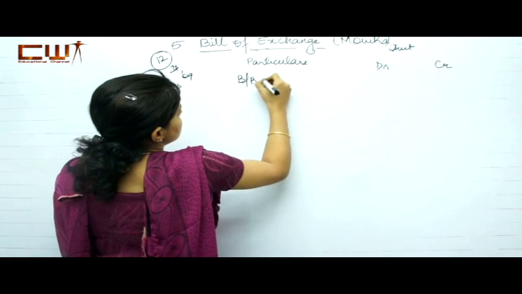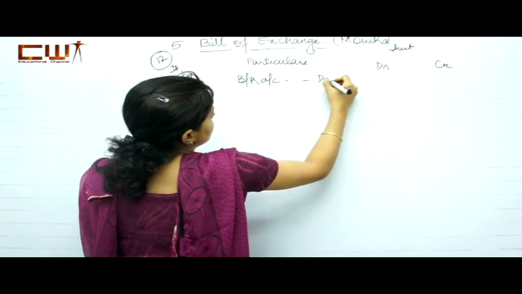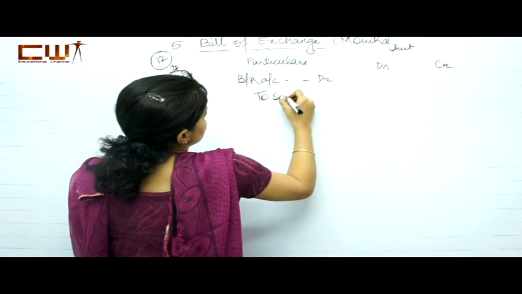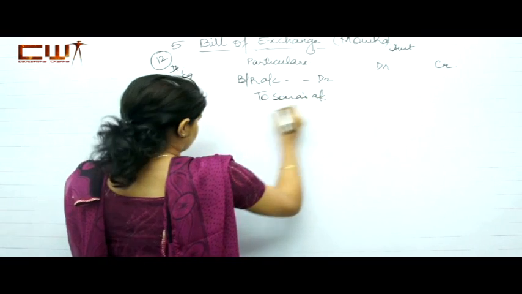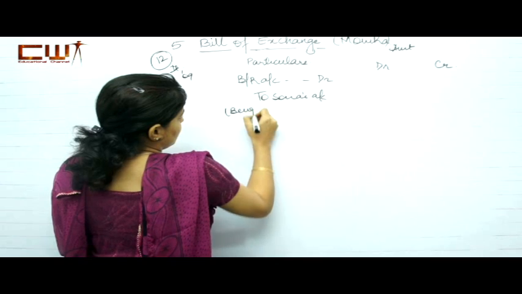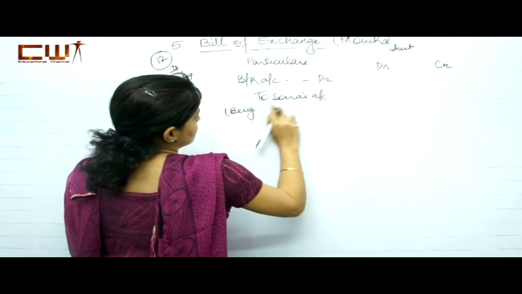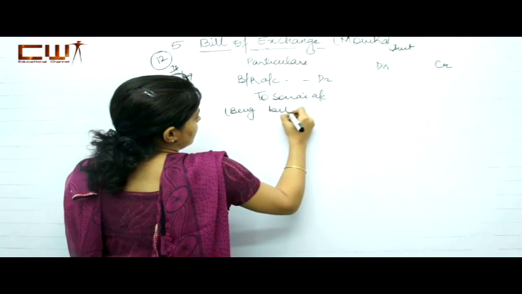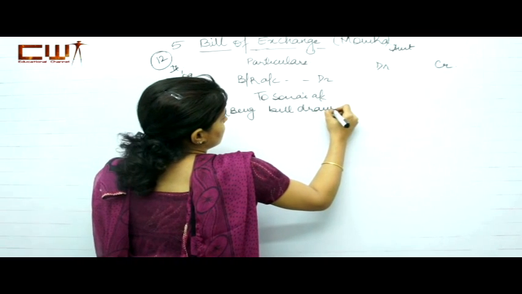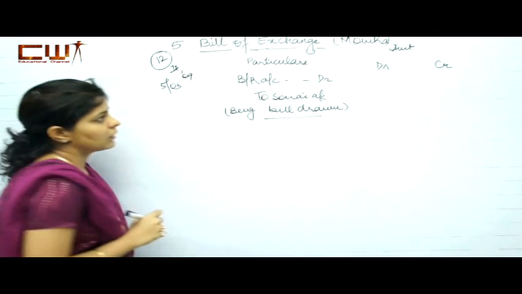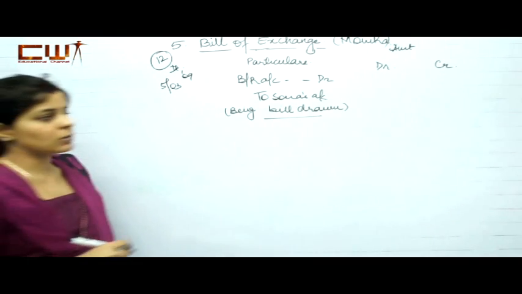So bills receivable account debited to Sona's account, being bill drawn. How much is the bill for? 4,000.